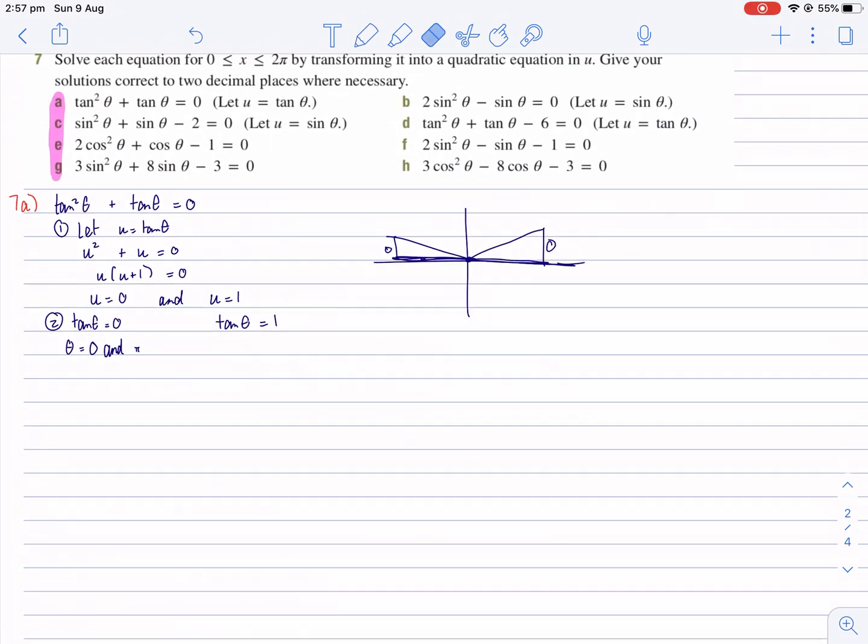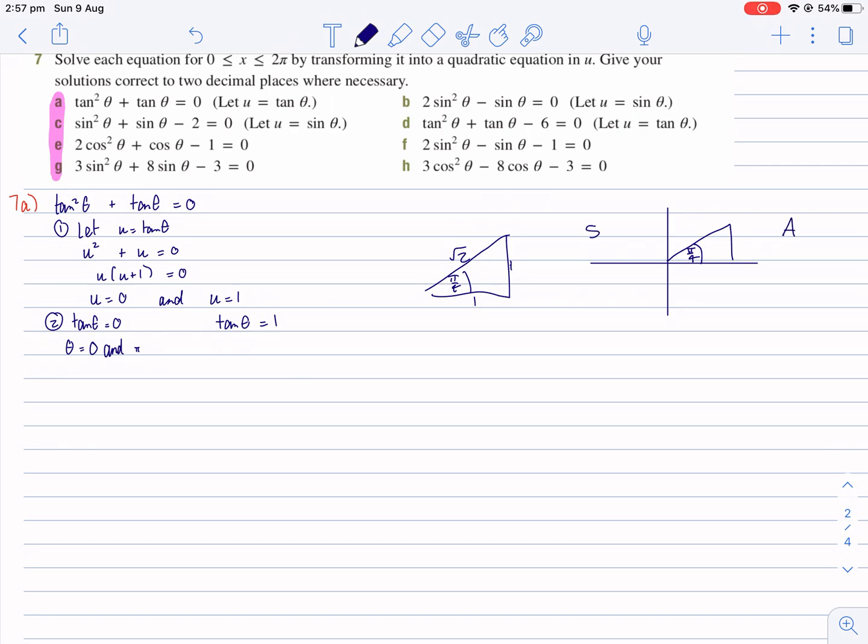Tan theta equals 1. That's our 45, that's pi on 4. And it's positive 1. So we know we're also looking for this one.